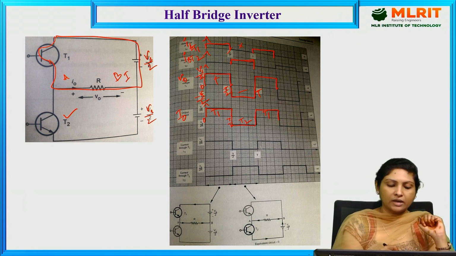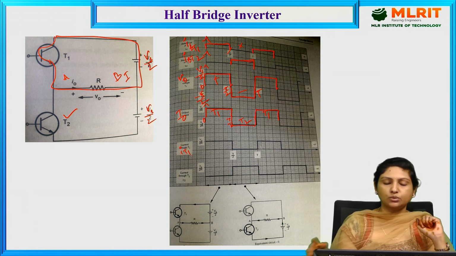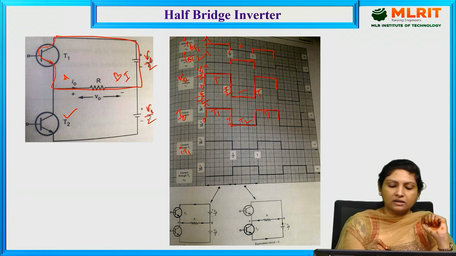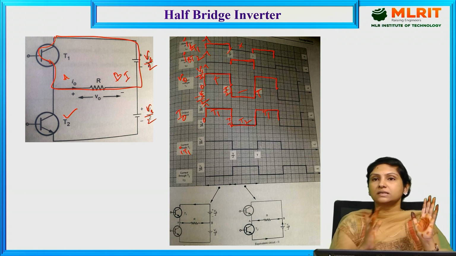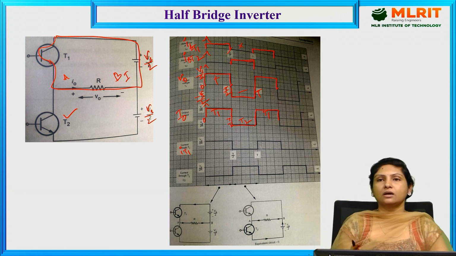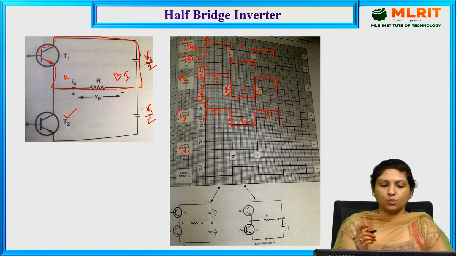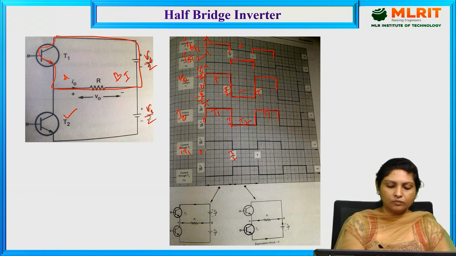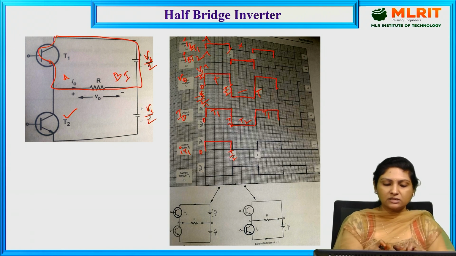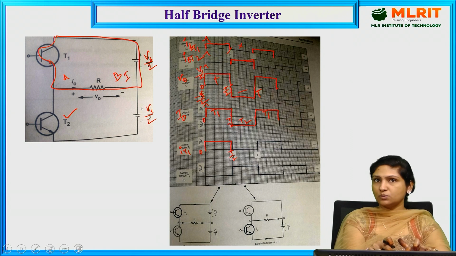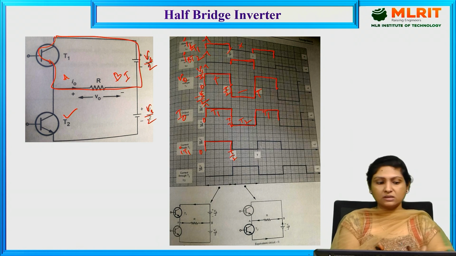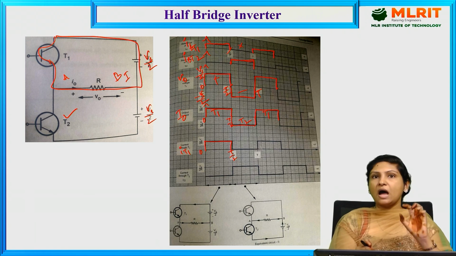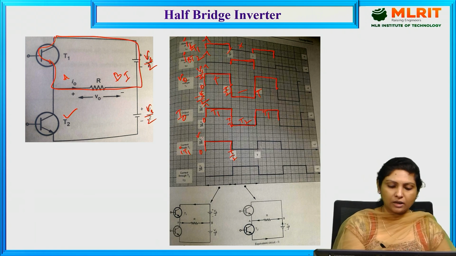And now the current through transistor 1. As long as transistor 1 is conducting, we will get the waveform across transistor 1, from 0 to T by 2. This is the current through transistor 1. As long as we are providing the base drive and transistor 1 is on, we get the current through it with amplitude Vs by 2R.